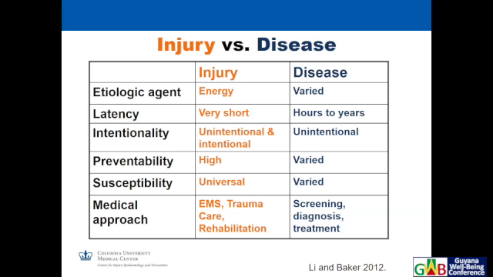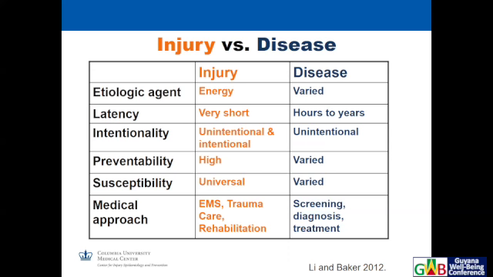The medical approach, I think, is also very important for identifying the differences between the two. In medicine, the approach to injury is the emergency medical services, including pre-hospital care, emergency care, ambulance and 911 response systems, and so on.